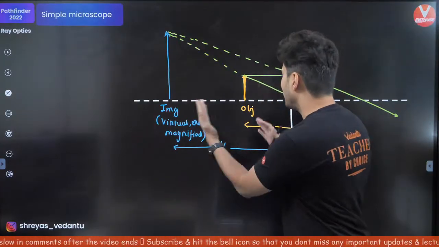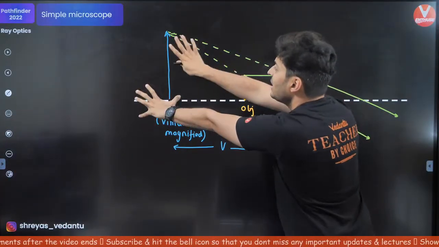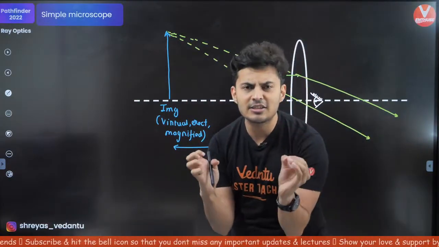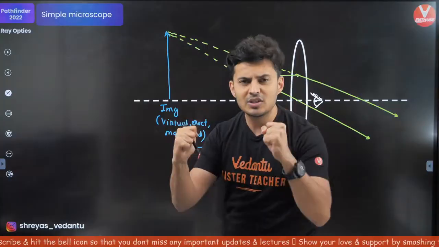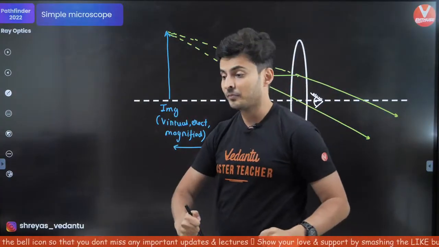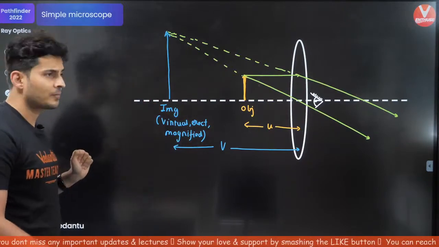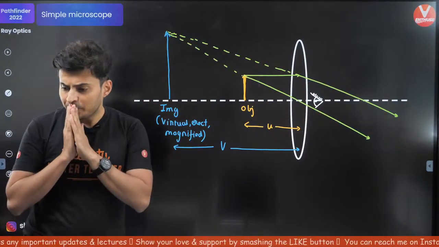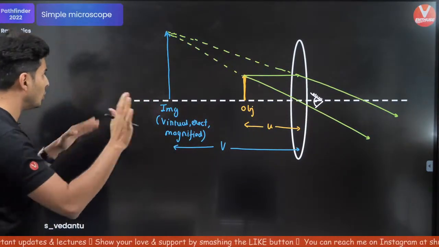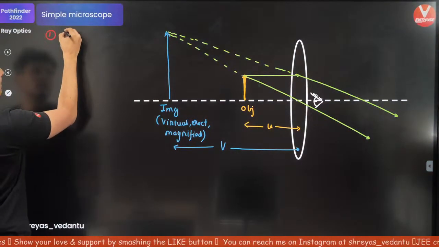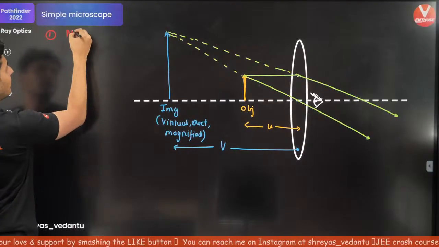Second, you place the object in such a way that the image is formed as close as possible, that means at the least distance of distinct vision. That means your eyes are heavily strained. So two possibilities are there. Let's take those two cases. The first case, basically, normal vision.